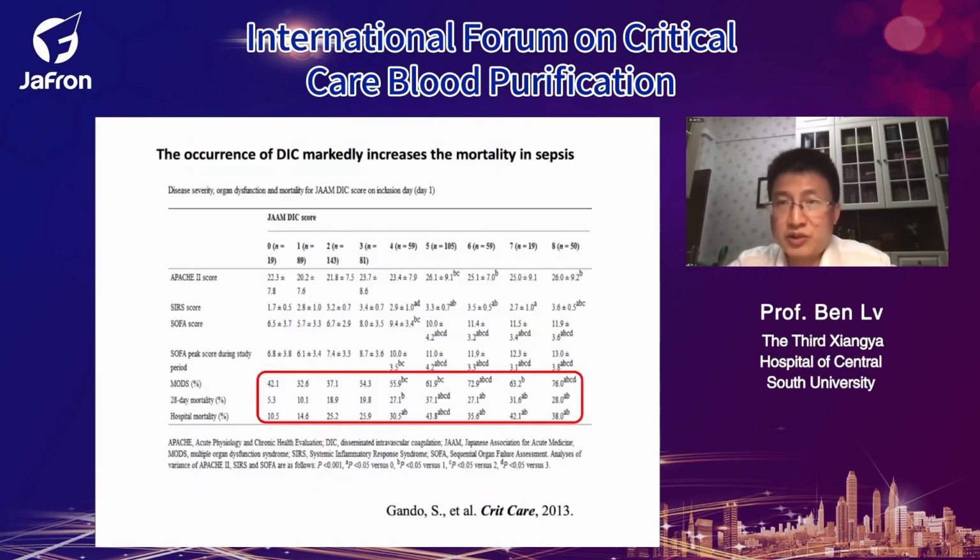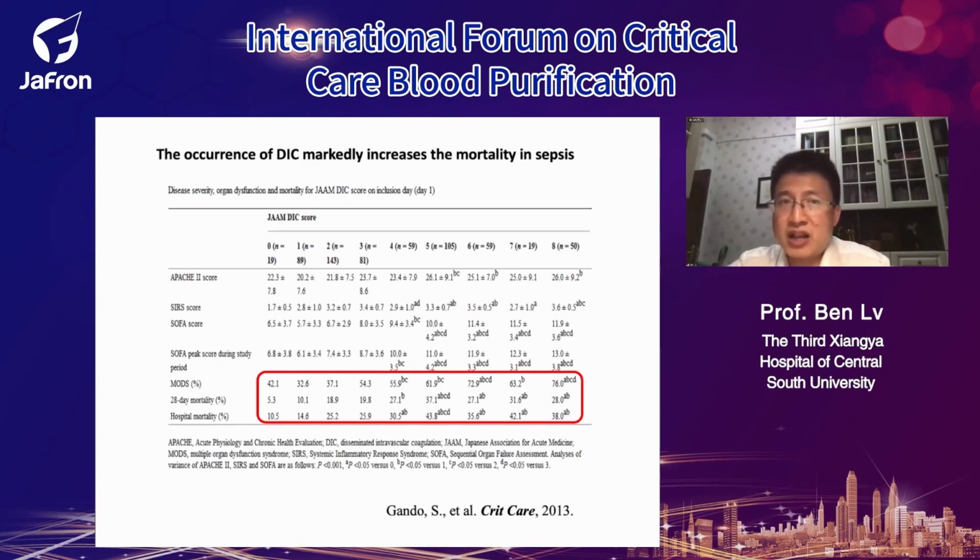So let's look at one set of data. This data is from a group published by a European group. The occurrence of DIC, disseminated intravascular coagulation, markedly increases mortality in sepsis.